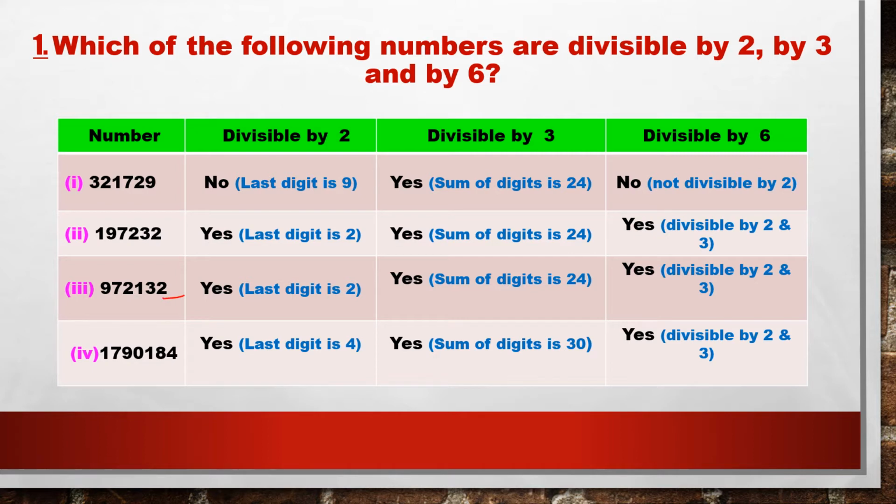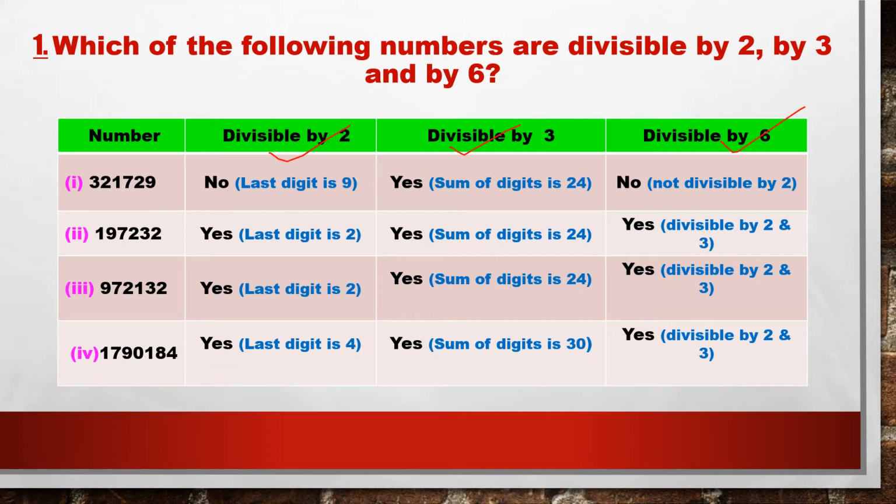For 2 divisibility you should see the last digit, so it is okay. For 3, the sum of the digits is 24, which is divisible by 3, so it is yes for this. As it is divisible by both of them, it is divisible by 6 also. Clear? When it is divisible by both 2 and 3, then only it is divisible by 6.